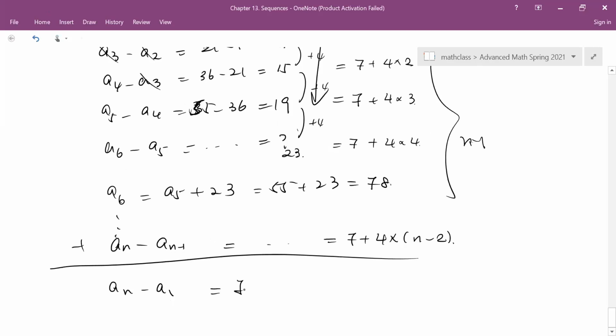What is on the right? You get 7, sorry, 7 plus 4, okay? 7 plus 4 times 2, and then 7 plus 4 times n minus 2. So you have n minus 1 terms here.